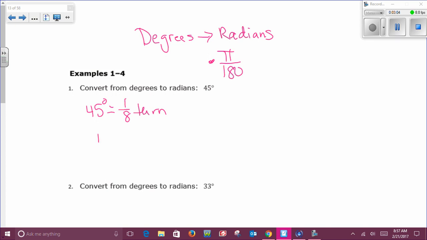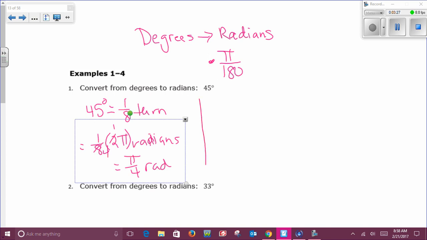So if I have 1/8 of 2 pi radians, because that's all the way around the circle, then when I multiply it here, I'd end up with pi over 4 radians is what 45 degrees is equal to.